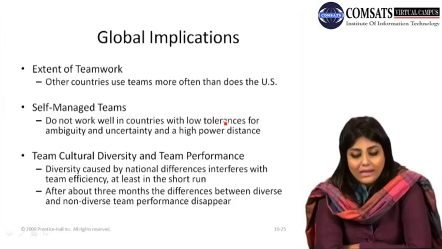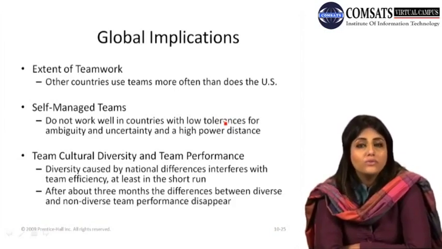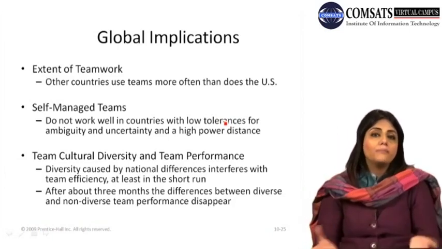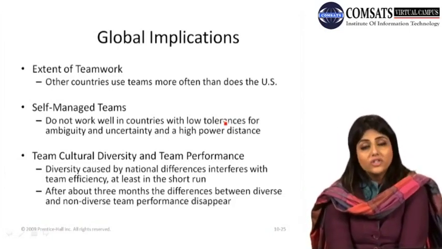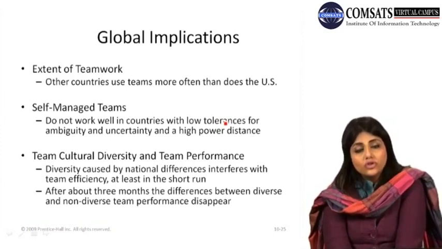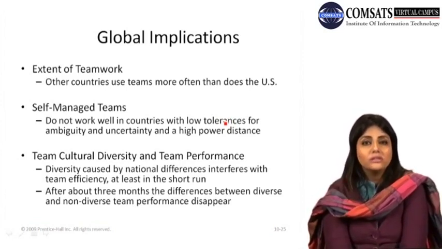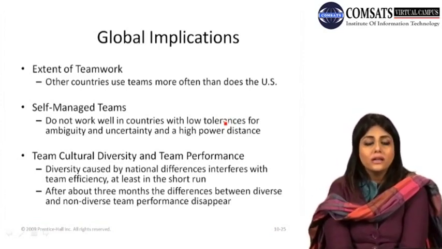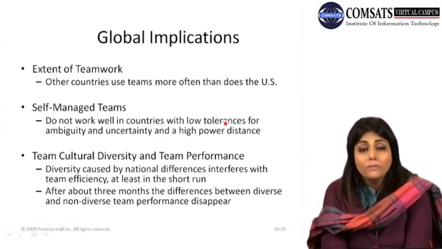Then self-managed teams do not work well in countries with low tolerance for ambiguity and uncertainty and high power distance. We know that self-managed teams are the ones in which the people manage everything by themselves, even the hiring and firing decisions, even the performance evaluations of the other members of the team. They design their processes themselves, they do their production, and they handle the other decisions relating to customers, suppliers, etc., all by themselves.